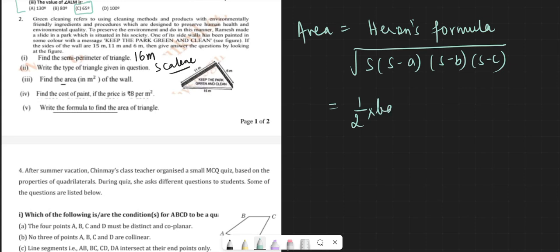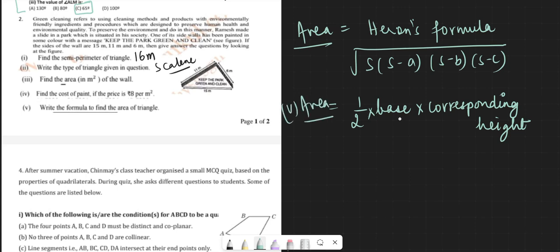Please write it correctly. So these are the two formulas. For this fifth part, I suggest we write half into base into corresponding height, which is the formula to find the area of a triangle.